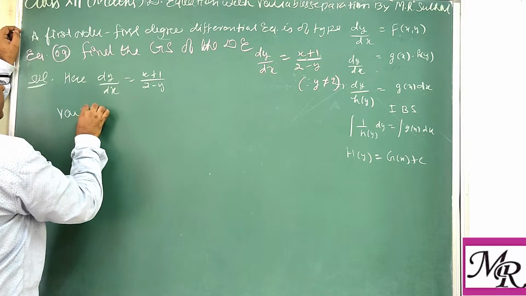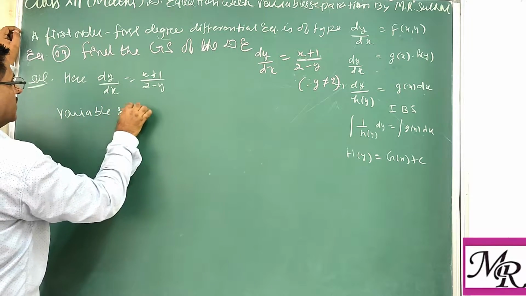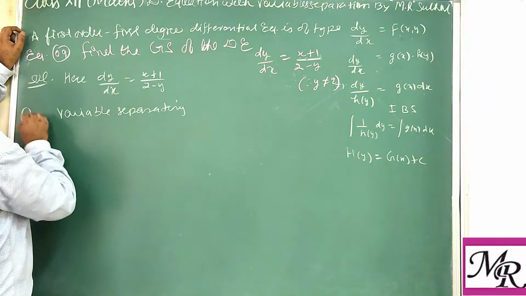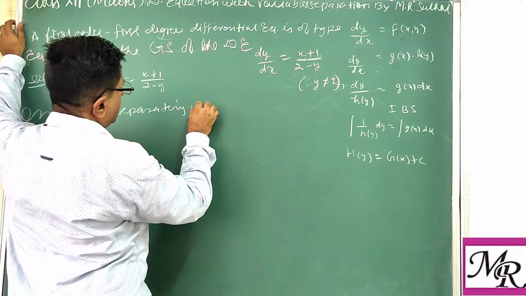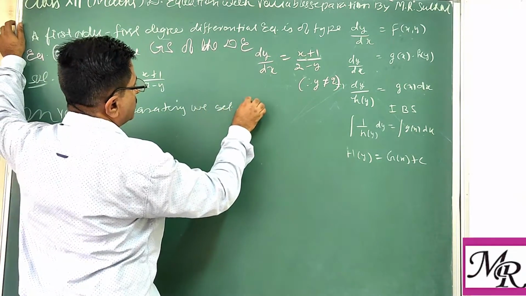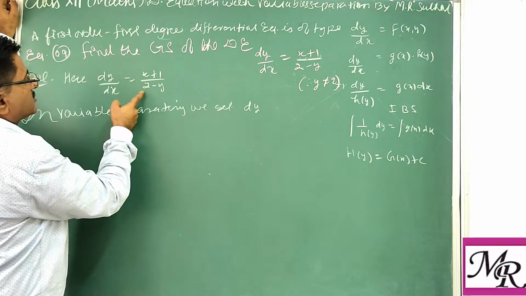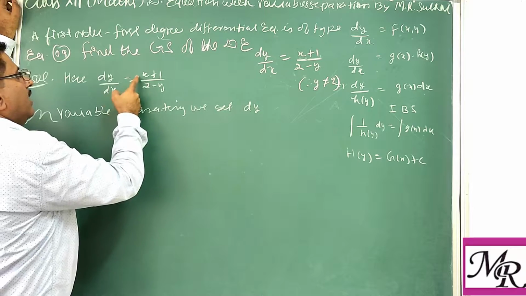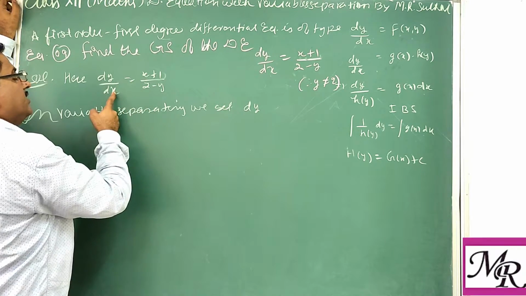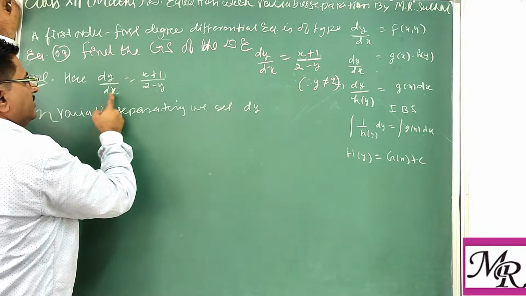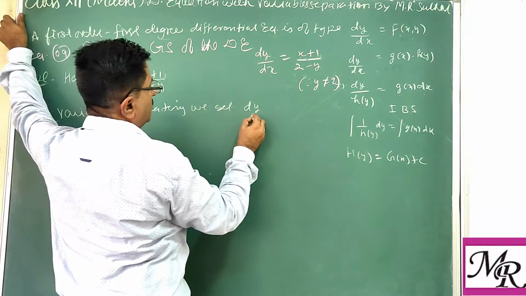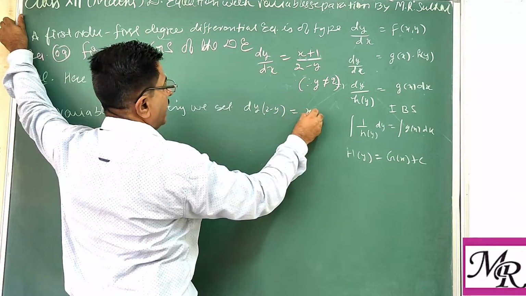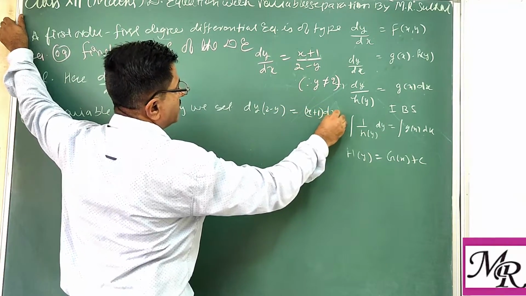On variable separating we get: the term containing y we take with dy, and the term containing x with dx. So cross multiply using the mathematics rule. So dy by 2 minus y equal to x plus 1 dx.